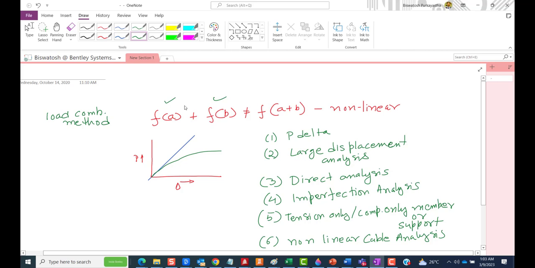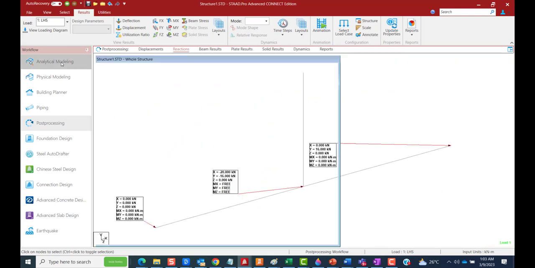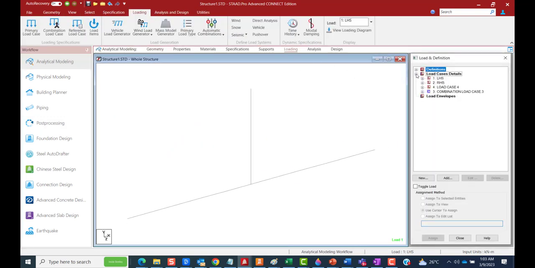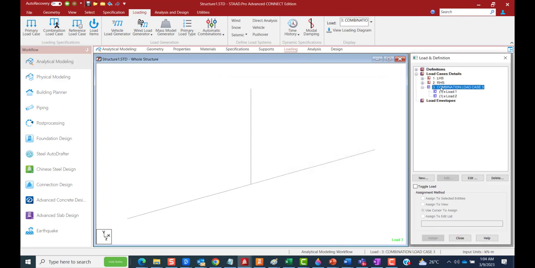Obviously, we are going to combine the primary loading actions, but instead, we can define this by directly using the load combination. Here you can see this is the load combination, right? We can use this load combination.